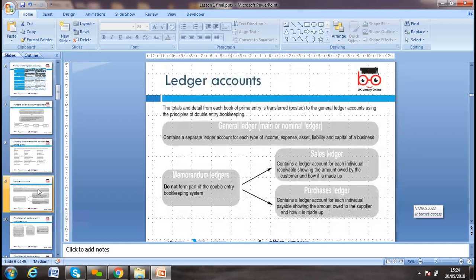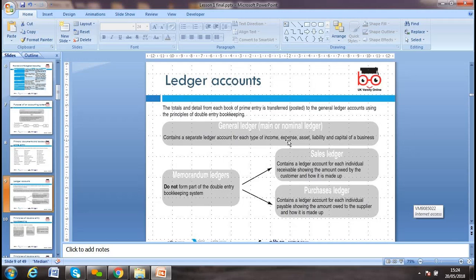Okay. Then we have a ledger account. We prepare the ledger, the total and detail of each book. For each prime book we can make one ledger. It contains a separate ledger for each type of income and expense. Income can be different types of sales.